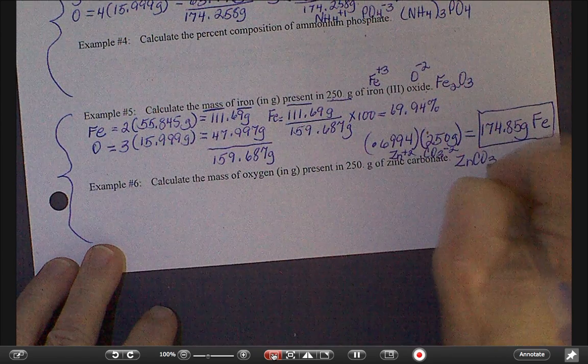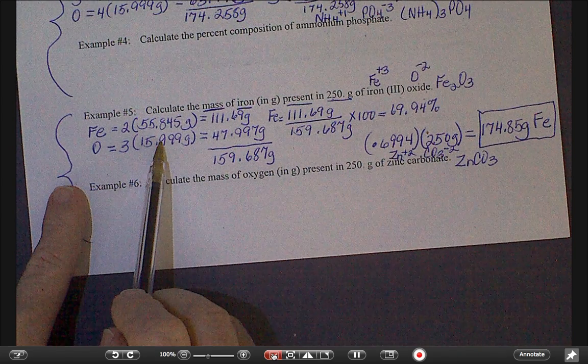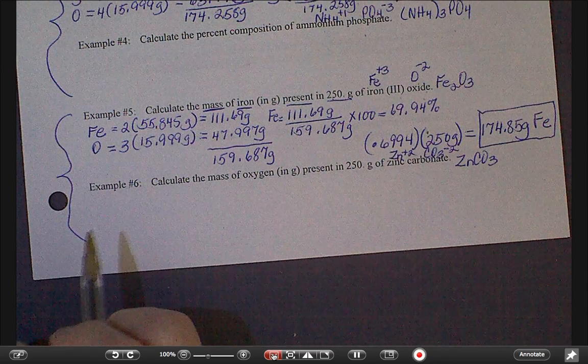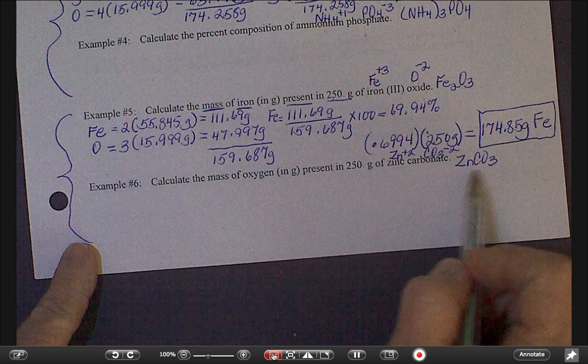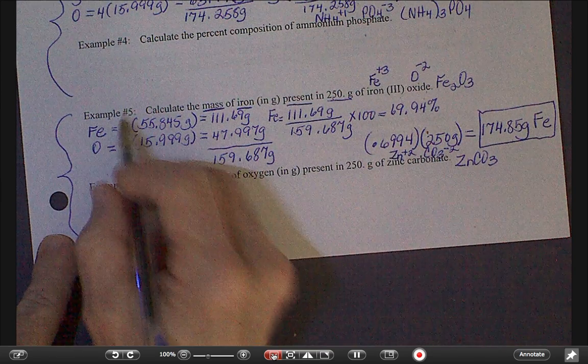ZnCO3. Okay. What was the first step we had to do? Find the masses of the different elements. Yes, so we've got to find the mass of zinc carbonate. Okay, the different elements, just like we've been doing.